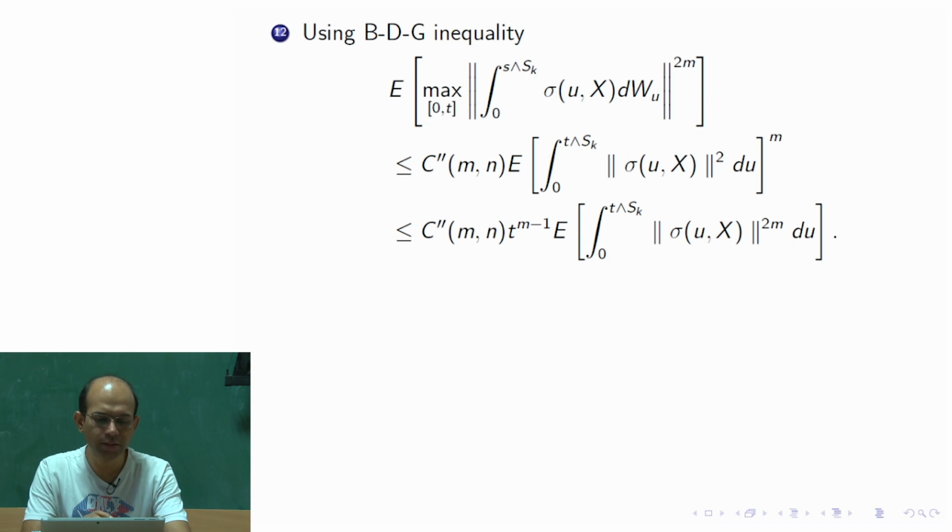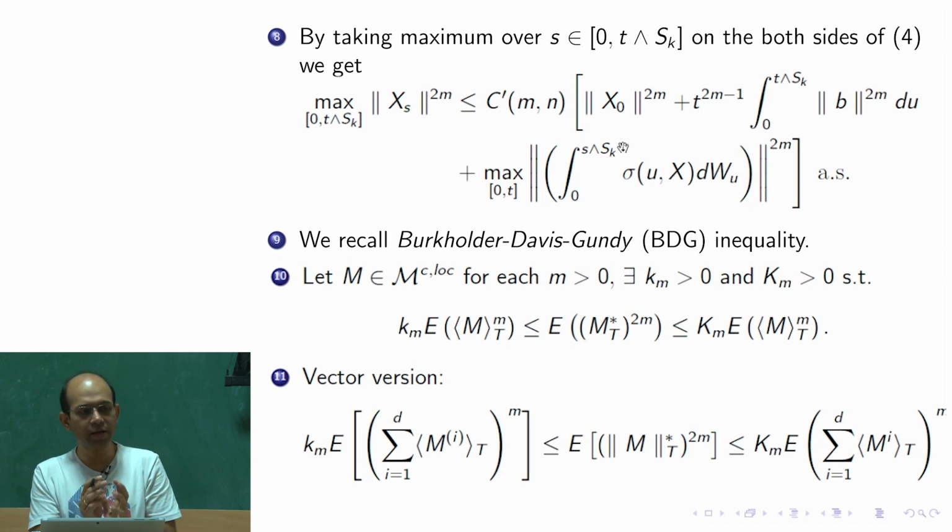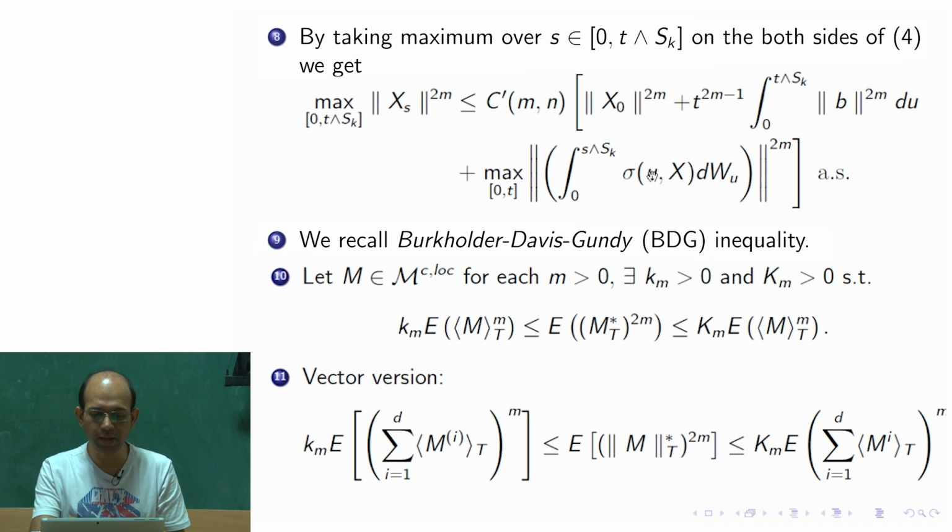The expectation of the maximum over 0 to t of this, to the power 2m. Why am I doing this? Because this, as a function of s, is a continuous martingale, because s_k is defined such that this is bounded inside that.